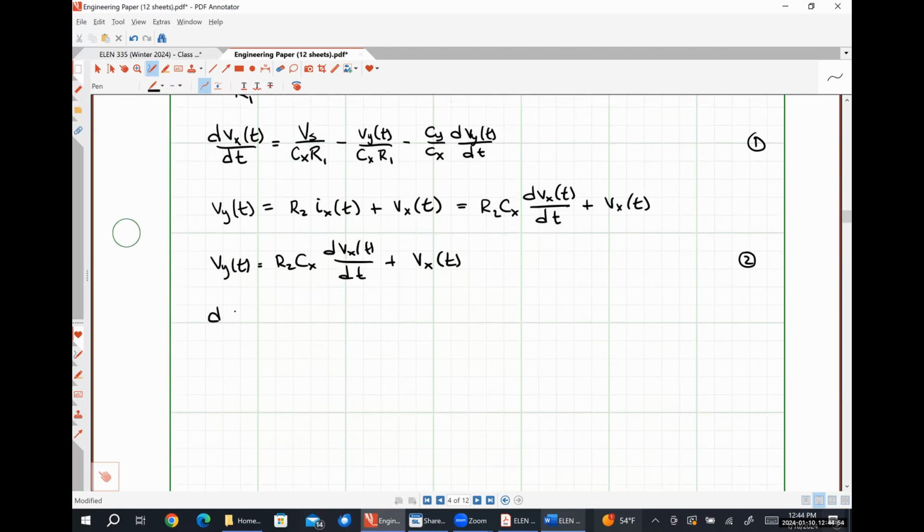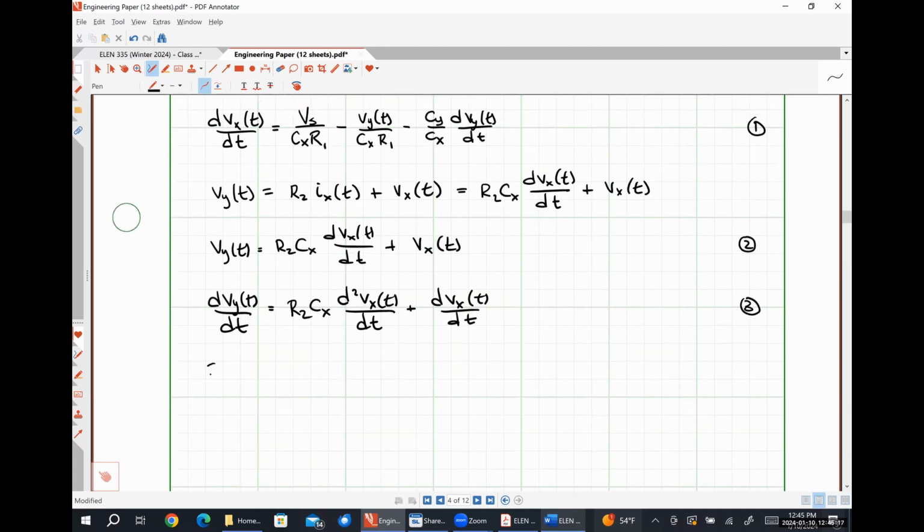That says the derivative of Vy with respect to time will be R2Cx times the second derivative of Vx with respect to time plus the first derivative of Vx with respect to time. Here's equation 3.